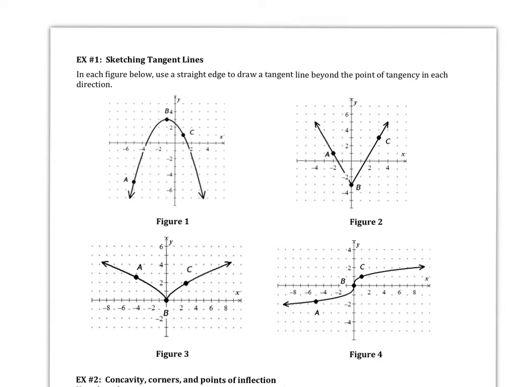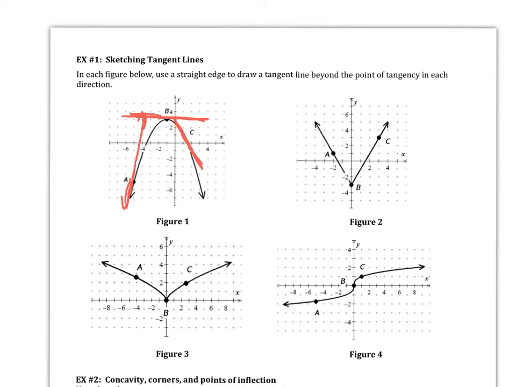Unfortunately, I don't have the option to have a straight edge on here, but if I was going to draw a line that is tangent to A, let me try to get as specific as I can. It would be something like that. A line that is tangent to B would be, see if I can get it close, right there. And then a line that is tangent to C would be that line right there, okay? They are the lines that are going through just that point.